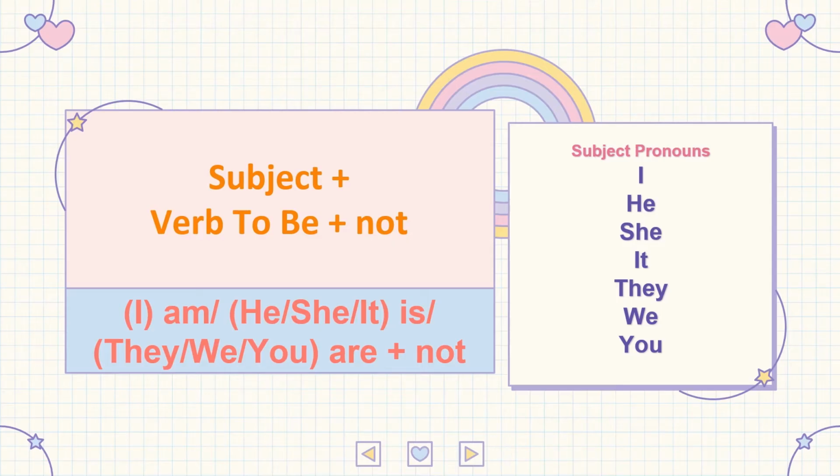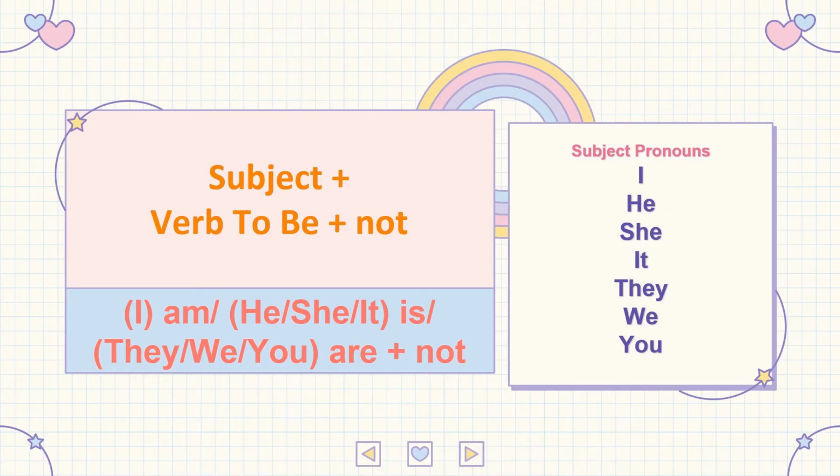How to form a sentence with verb to be and the negative form. Subject plus verb to be plus not. Let's remember the subject pronouns we took before in a previous lesson.